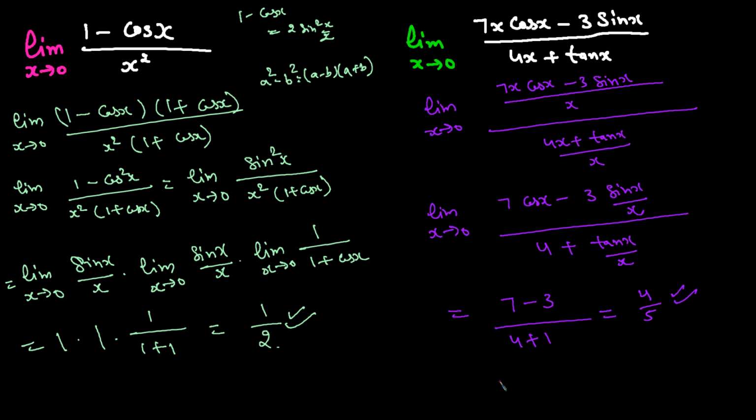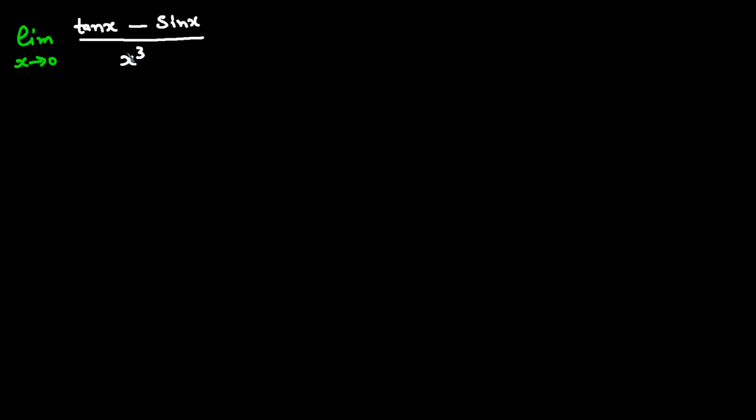All right, let's do a few more examples. So this one says tangent x minus sin x over x cube. Let's simplify this first of all. So limit as x approaches 0. I'm going to write tangent x as sin x over cosine x, minus sin x, over x cube.